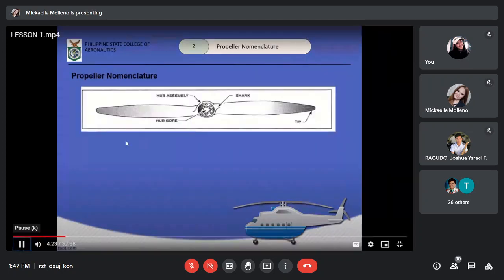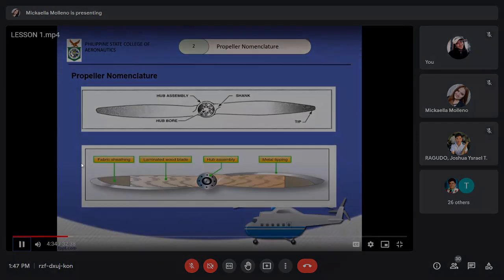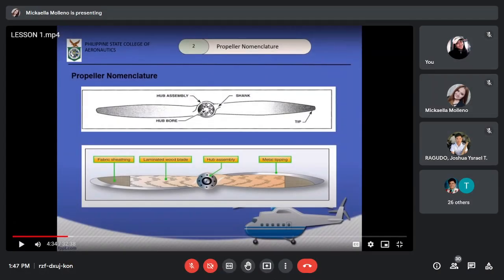So we have two pictures right here. So I think you've encountered this term before, but what is nomenclature? Okay, does anybody have an idea? Na-encounter nyo na to before kung hindi sa aerodive baka sa GTE. May idea ba?